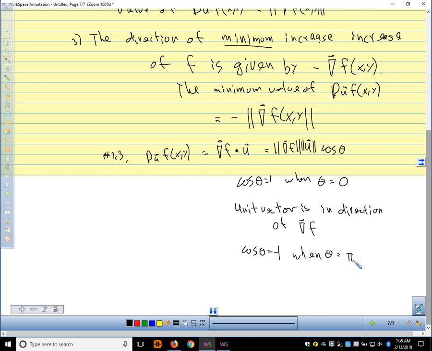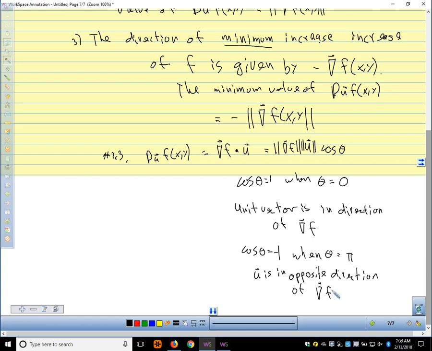We're moving in the opposite direction of del f. So our gradient vector gives us the direction to go up the hill the steepest, or if we turn around 180 degrees, the direction to go down the hill at the steepest at a particular point.